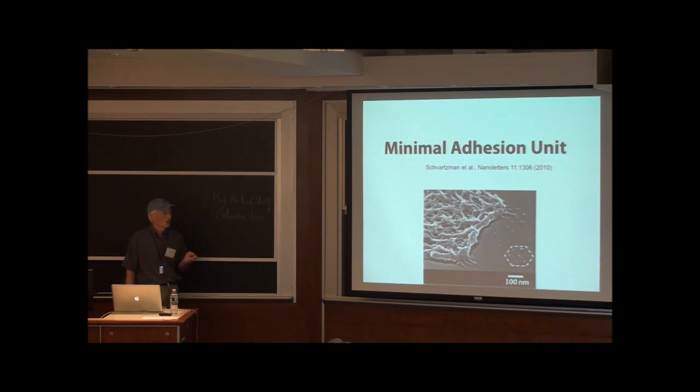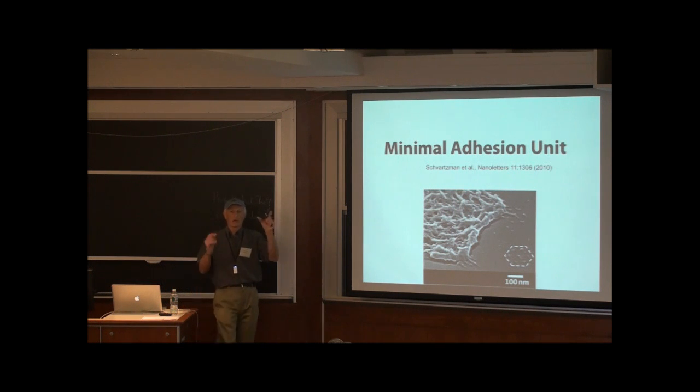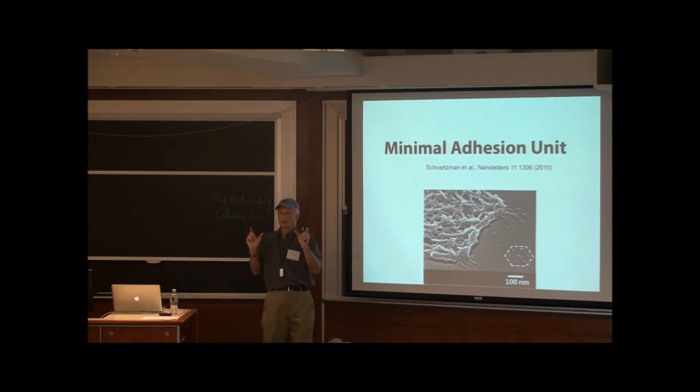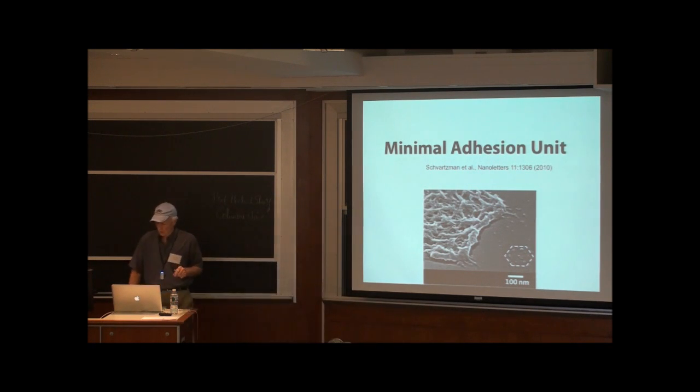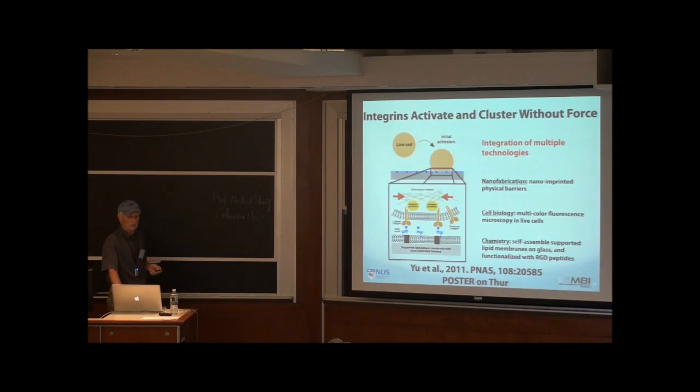And we're now looking at this again with these nano-patterned arrays to define what's different between a unit where the dots are 60 nanometers apart and a unit where they are 80 nanometers apart, which will not support spreading. So there obviously is a biochemical correlate to that.